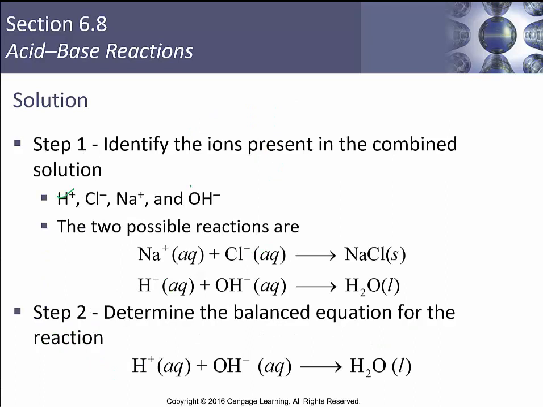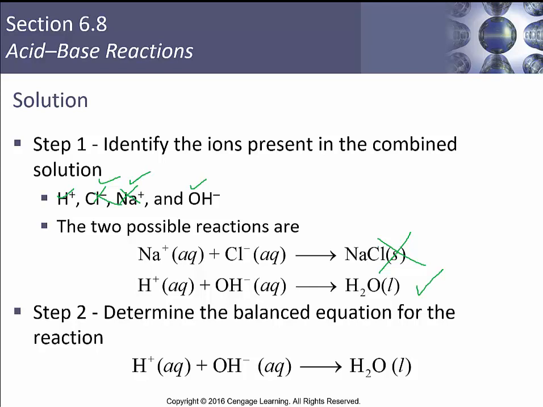So the two possible reactions are either that my Na+ is going to react with Cl- to form NaCl solid, which doesn't happen, because all chlorides are soluble, and all sodium compounds are soluble, so our precipitation won't happen. And then we've got H+ and OH-, and that most definitely is going to form water. So our balanced chemical equation is H+ and OH- gives us H2O liquid.